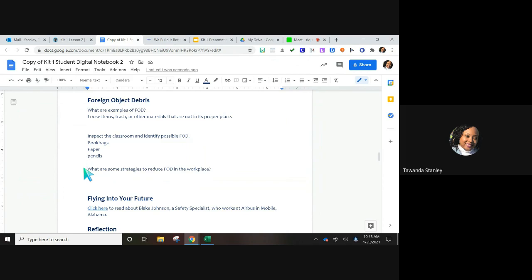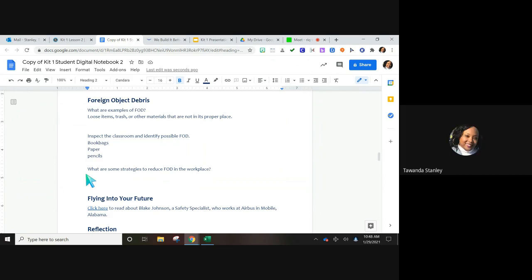Now, what are some things that we could do, students, to reduce FOD in our workplace, aka the classroom? What are some things that we could do? Put pencils in your pencil box.